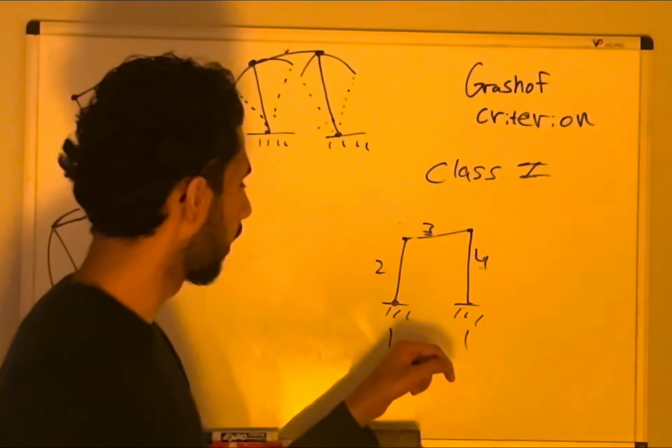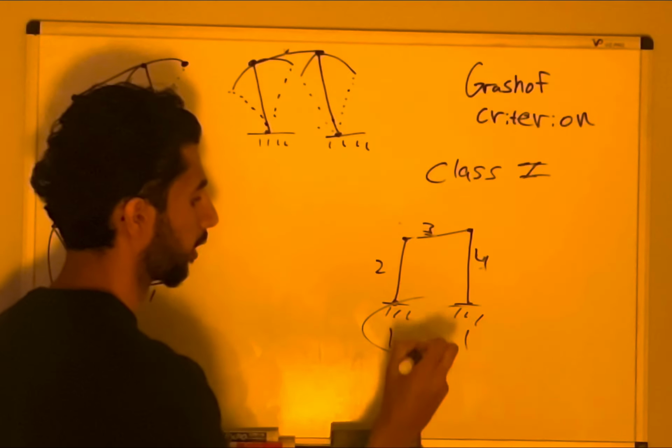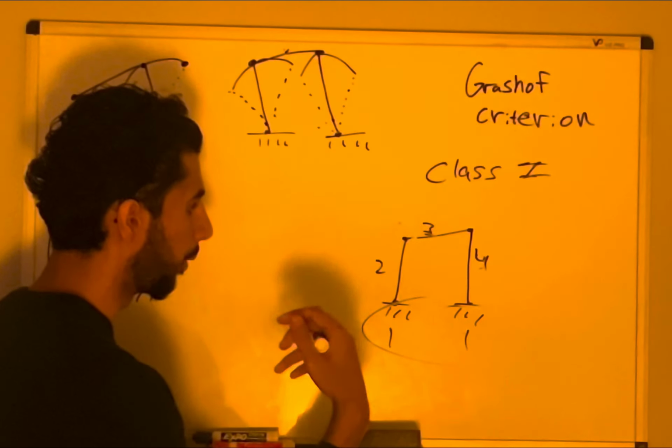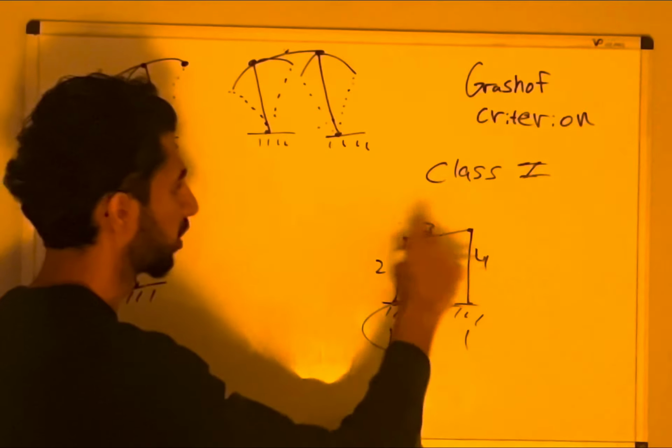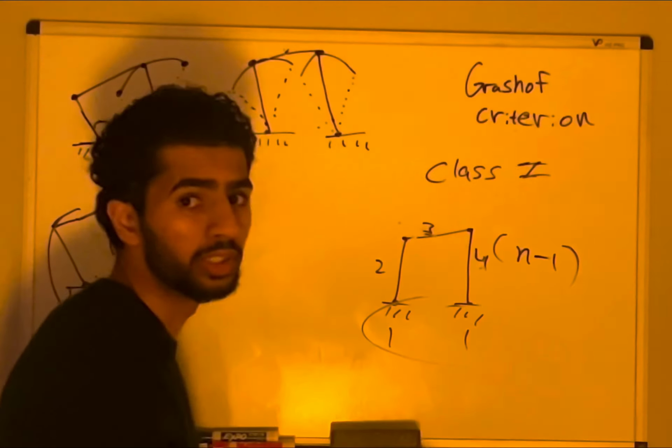This is already grounded, so this is our original one. The only possibilities to ground other links are this one, this one, and this one. Just three possibilities. That means we're going to have n minus 1 inversions.